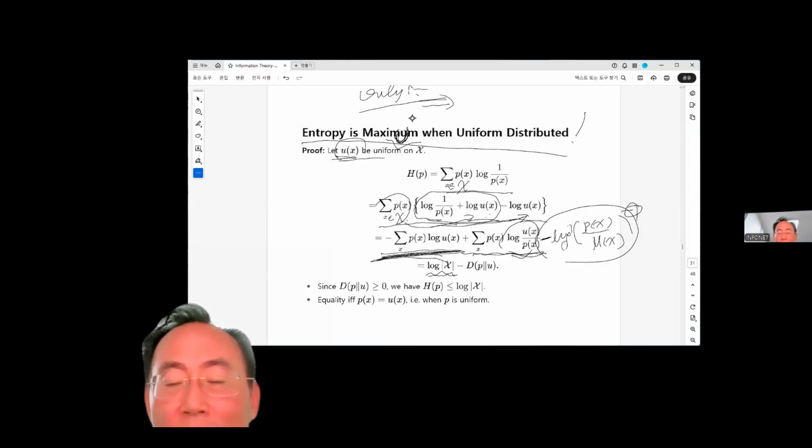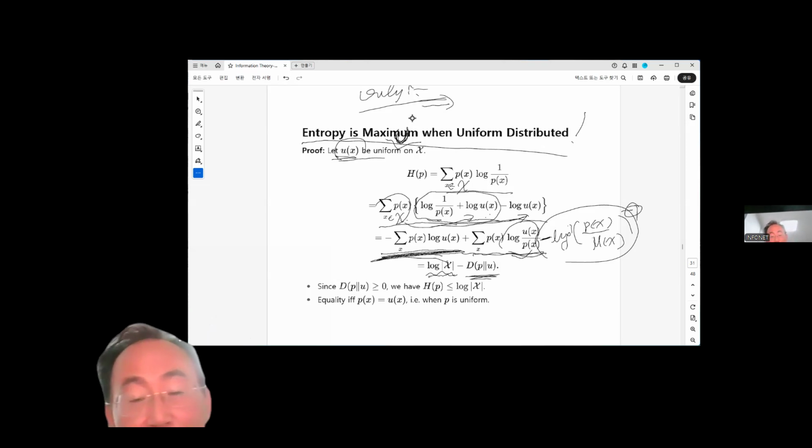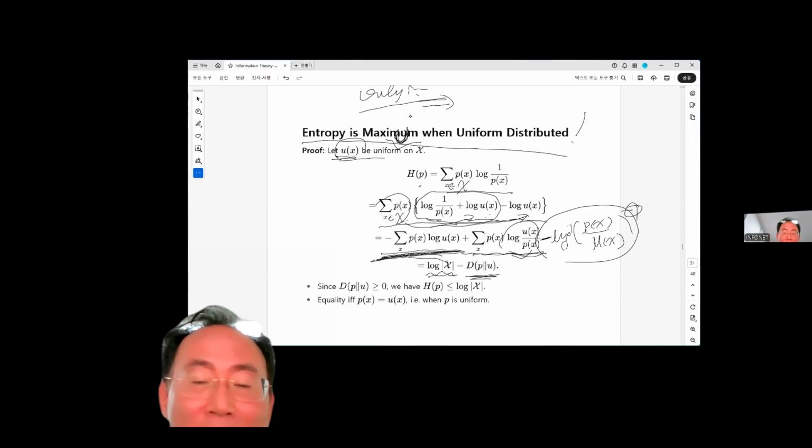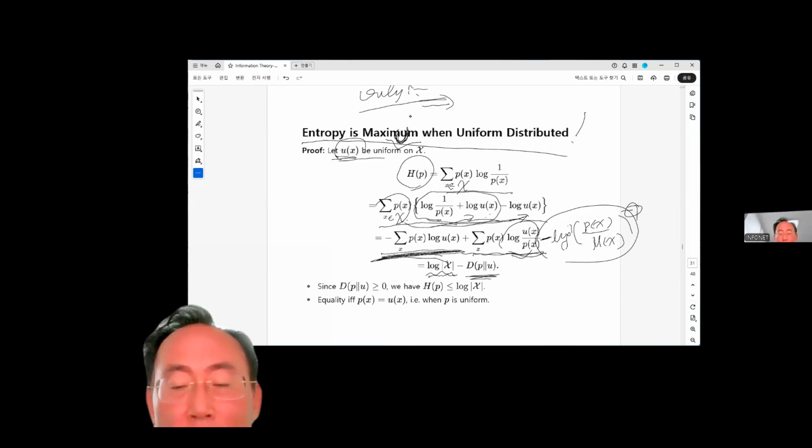Then I have minus relative entropy. P_x appears at the top, so that is D(P||U), and I have a negative sign. So that's the result so far: H(P) is equal to that.